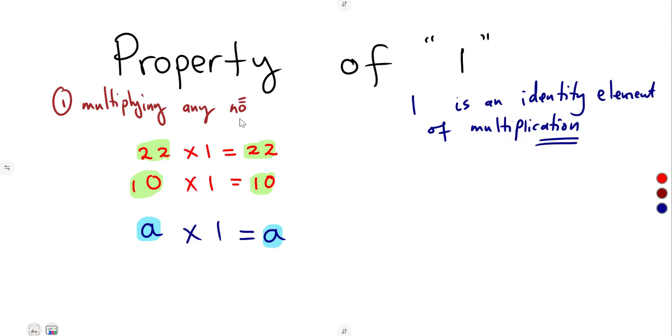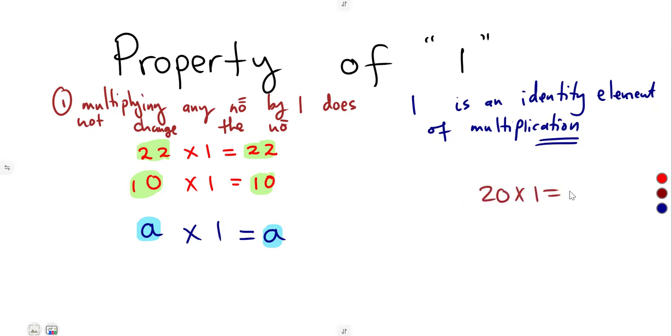I'm just going to write in short, any number by 1 does not change. It does not change the number. So this is the first property. So 1 is an identity element of multiplication.